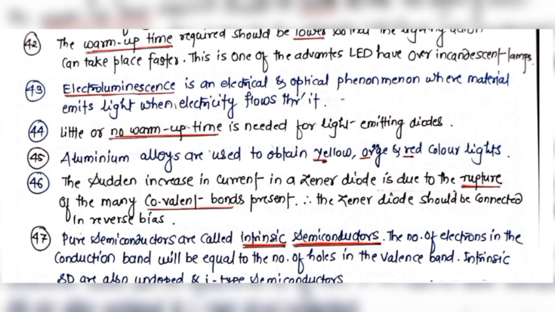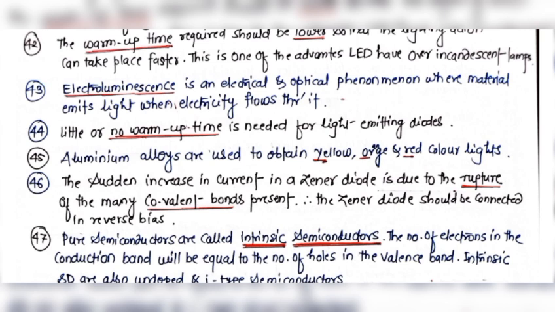This is one of the advantages of LEDs over the incandescent lamp. Electroluminescence is an electrical and optical phenomenon where a material emits light when electricity flows through it. Little or no warm-up time is needed for light-emitting diodes.